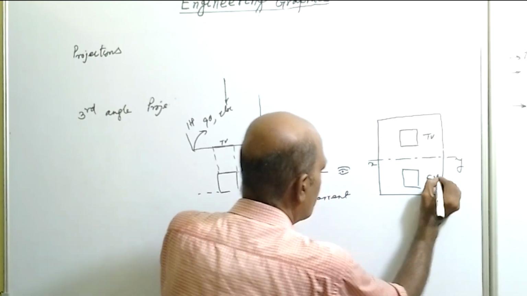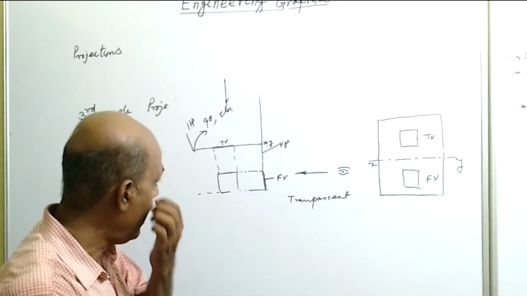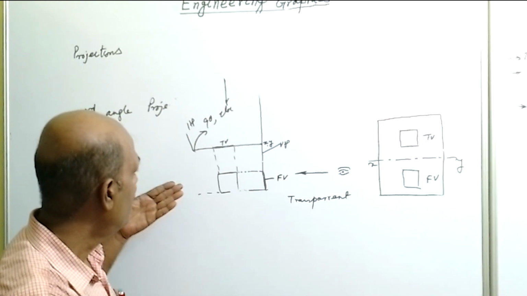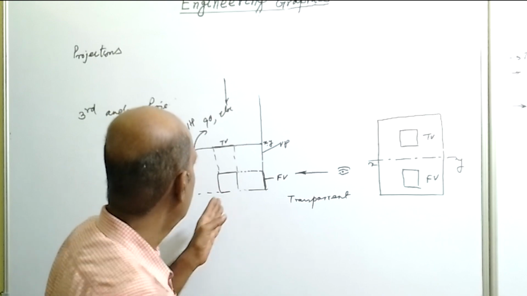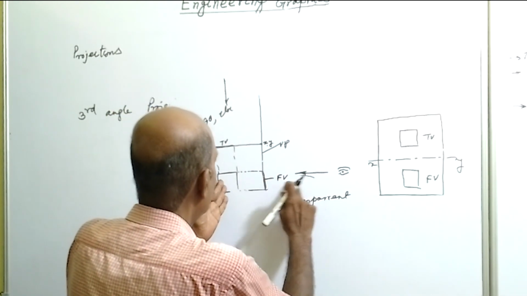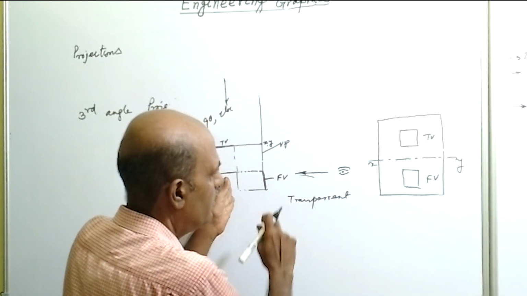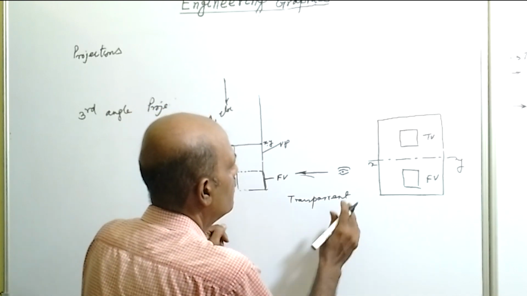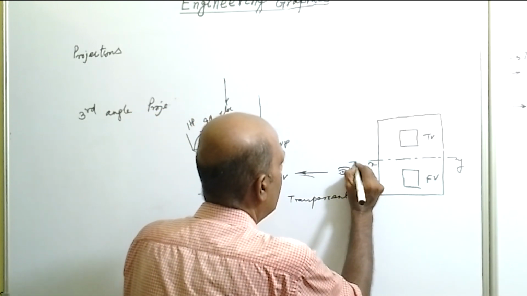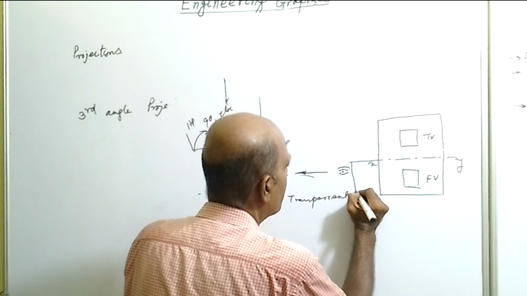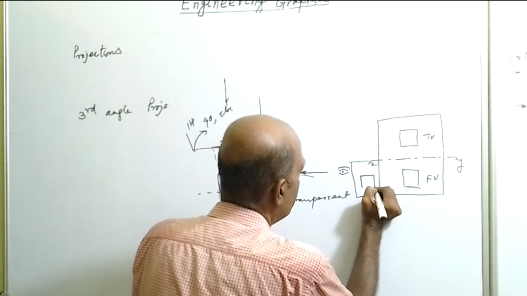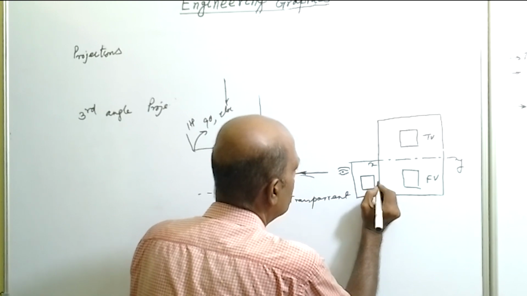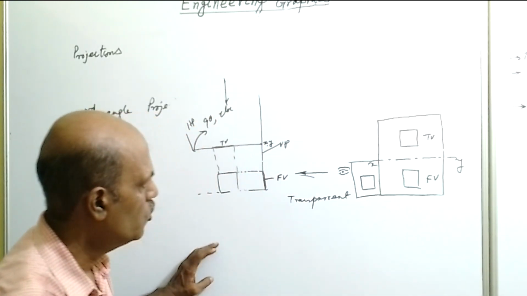So this is the front view. And this side view will be the left view, and the left view will be positioned at the left of the front view. So the left hand side view of the object will be here.